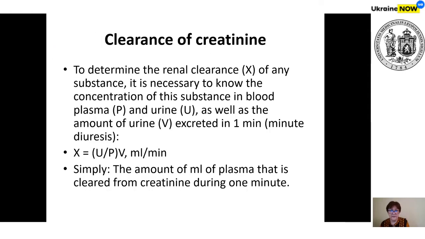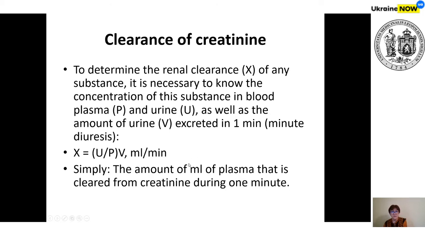We use clearance of creatinine for estimating glomerular filtration rate. To determine the renal clearance of any substance, it's necessary to know the concentration of this substance in blood plasma and urine, as well as the amount of urine excreted in 1 minute.